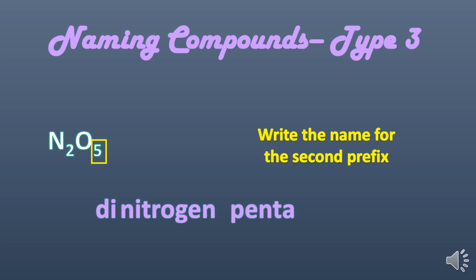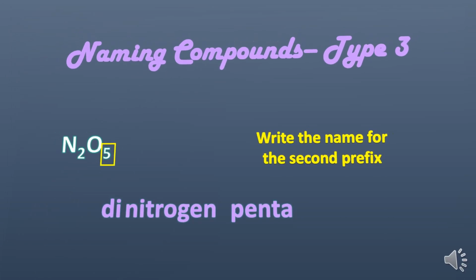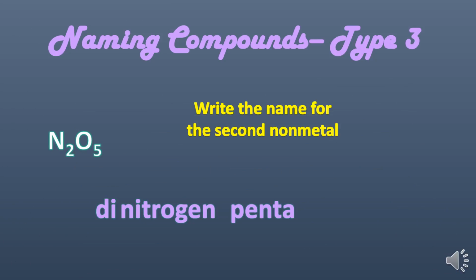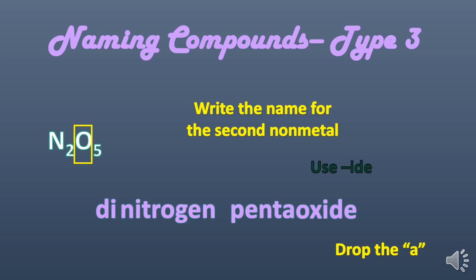Penta. Now we write the name for the second non-metal. So oxygen becomes oxide. And then we're going to make one small little change. We tend to drop the A when there's an O in front of it. Pentoxide. So we now have the name for N2O5 as dinitrogen pentoxide.